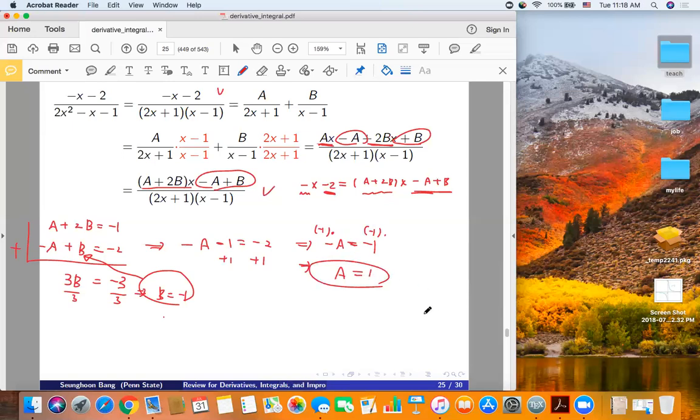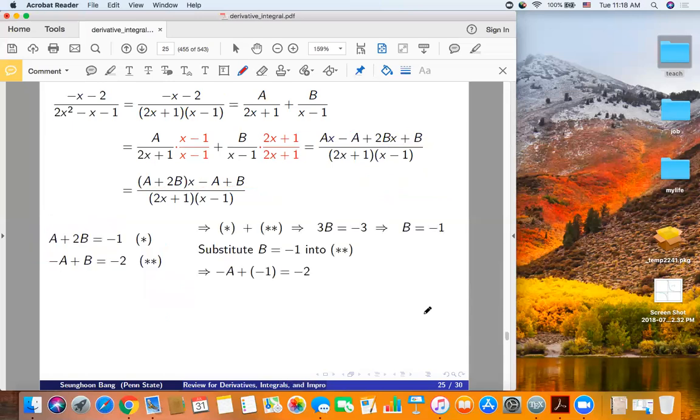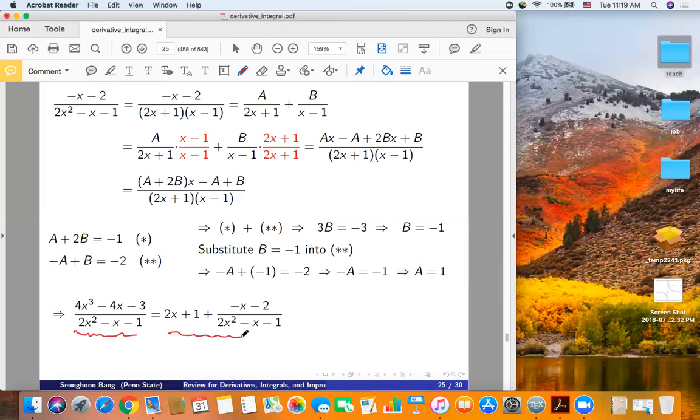So we have it. Now we go back to the original one. The original is the quotient plus the remainder over this form. You can change it to this: a is 1, plug 1 in here; b is negative 1, plug it in here.